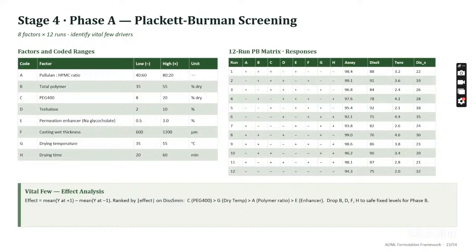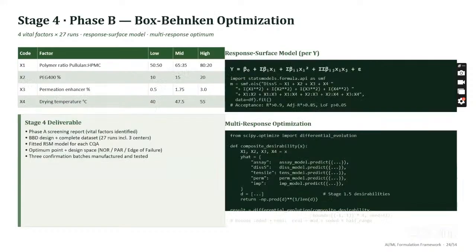And this run PB matrix has responses A, B, C, D, E, F, G, H. For different formulations: assay, how much it came, dissolution, tensile, and so on. So you are getting different values. Clear? Understood? So these 8 factors in 12 runs identify the vital few drivers. So what are the more appropriate results we will get? Here, the rest get fixed at safe levels.